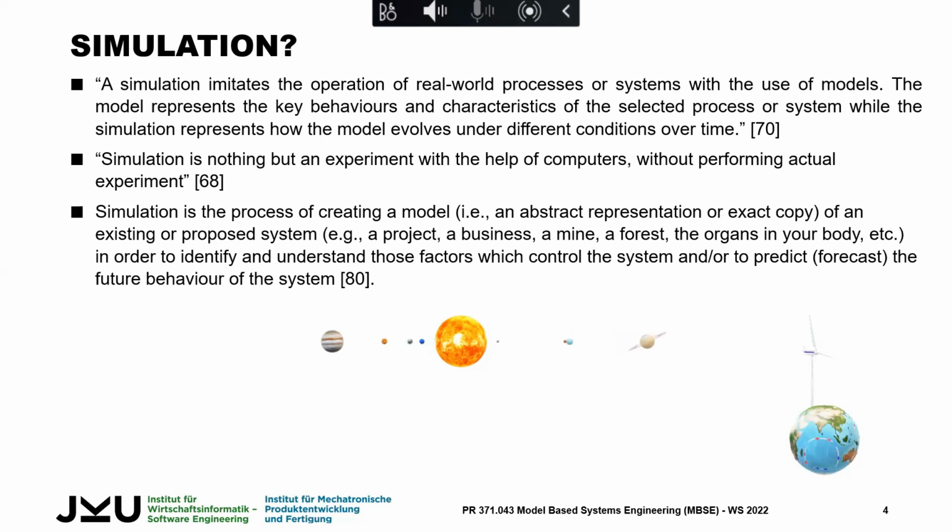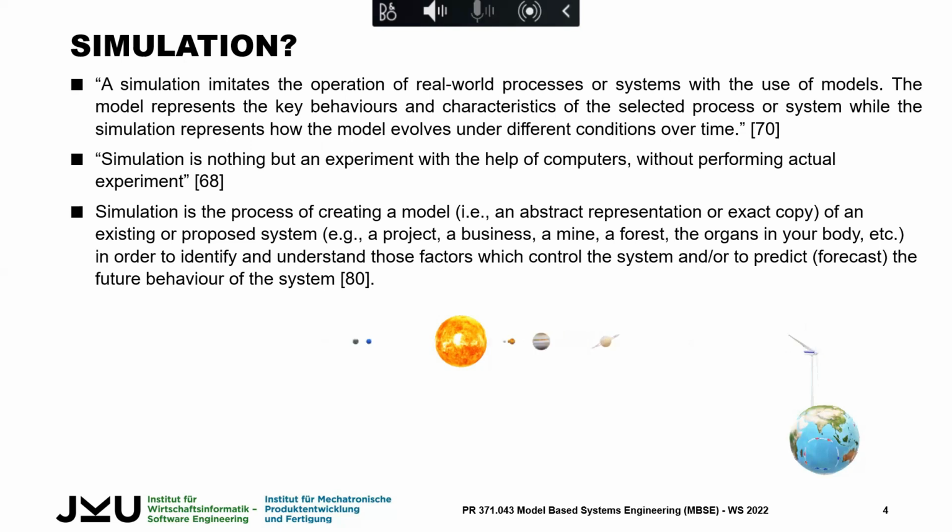So now let us read the simulation definition here. A simulation imitates the operation of real world processes or systems. When you are talking about processes and systems, try to keep them interlinked, because most of the time the processes and the systems are pretty much the same.